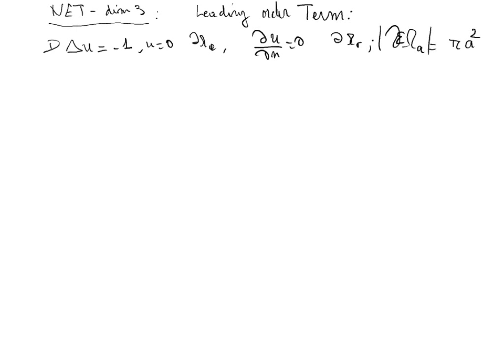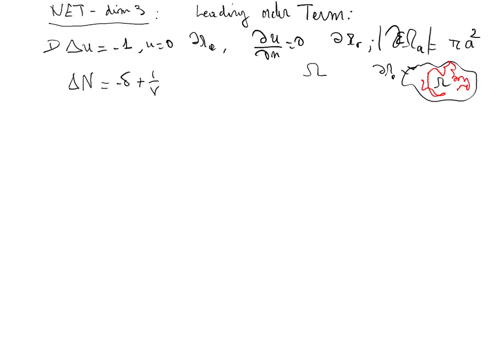To solve this, we are going to introduce the Neumann function, which is the solution of Laplacian n equals minus delta plus 1 over the volume of the domain. The domain is omega, and we have here the absorbing part, d omega a. The Brownian particle can move by Brownian motion until it escapes at the small hole, and it is reflected at any other place.